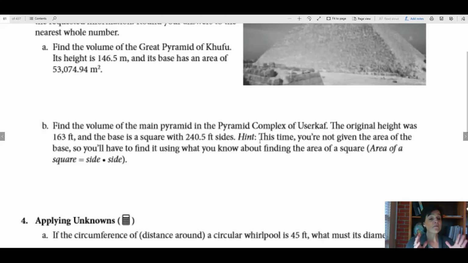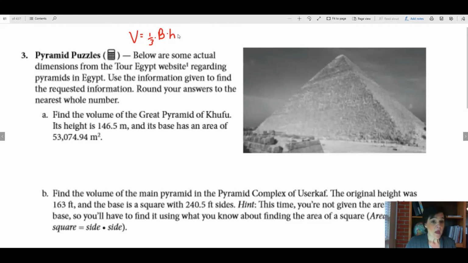You're going to find the volume of the pyramid, which is this. But when it comes to this right here, this part, you're not given the area of the base. They tell you what shape it is and the sides. It is a square, and remember a square, all 4 sides are the same.